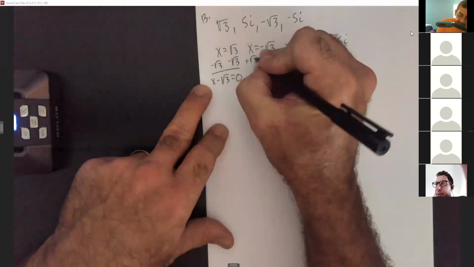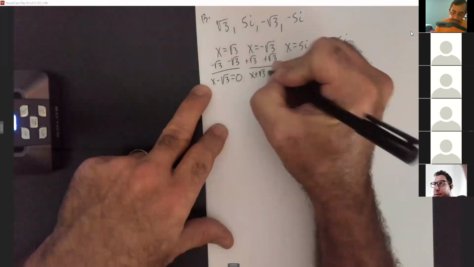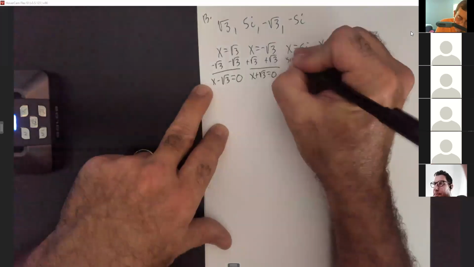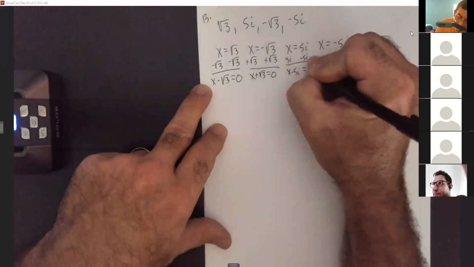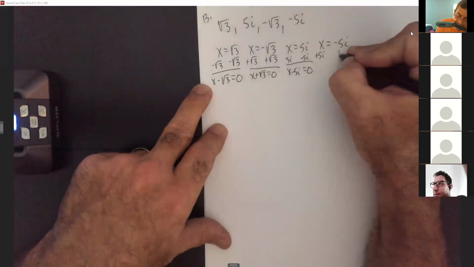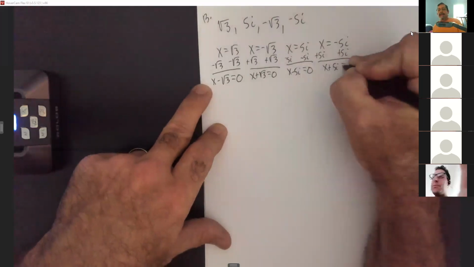Second one, we'll add square root of 3 and get x plus square root of 3 equals 0. And then we'll do that with the i's. So minus 5i, x minus 5i equals 0. And then the last one's negative, so I'm going to add 5i. x plus 5i equals 0.